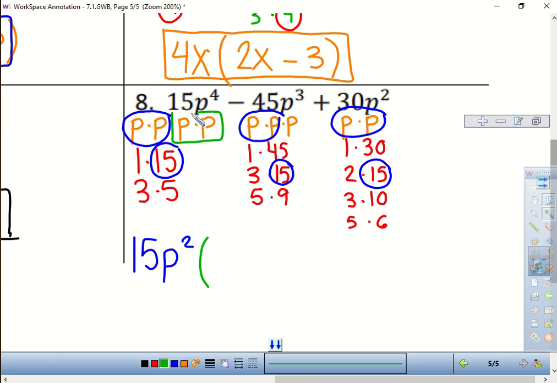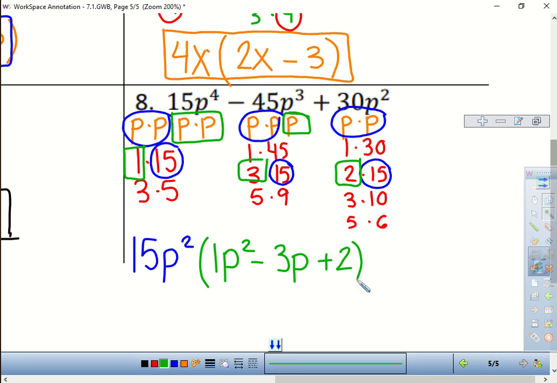So we have 1p to the second, minus 3p, and then plus 2. Now keep in mind, if you have a 1 as a coefficient, you don't need to write it, okay?